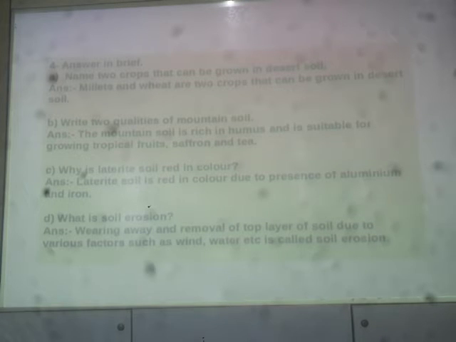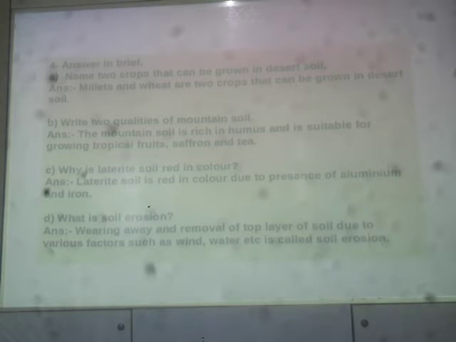It is the laterite soil which contains aluminium and iron, and because of which it is red in color. Okay, right? Yes.